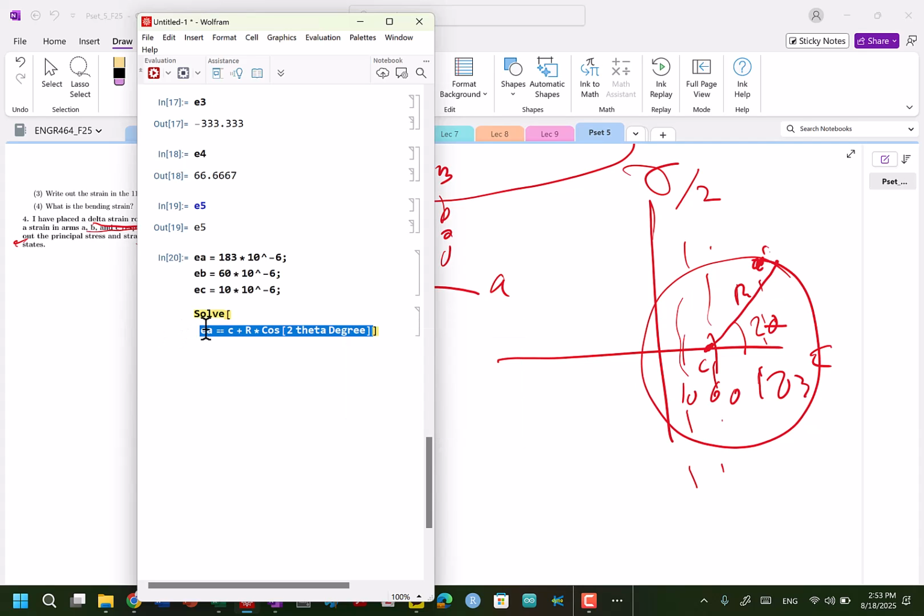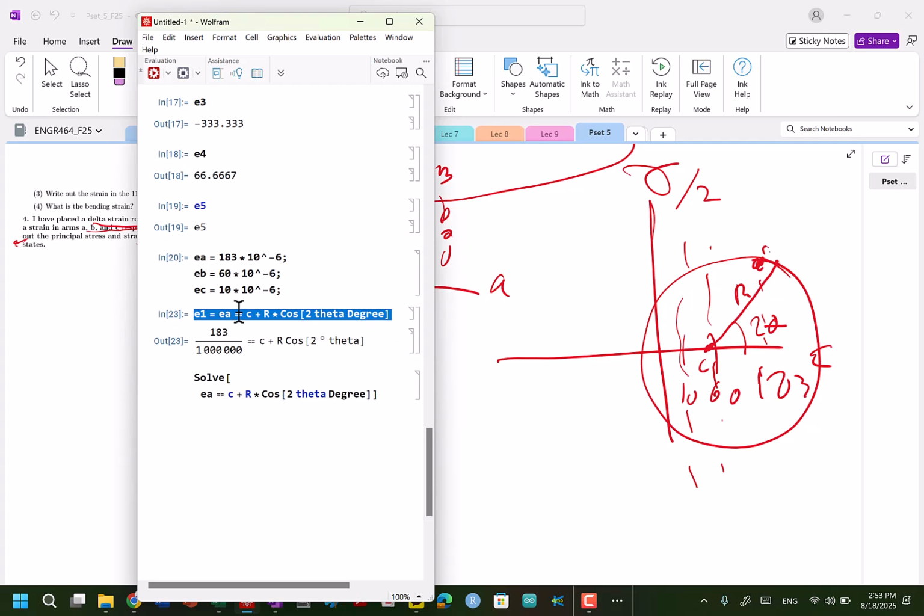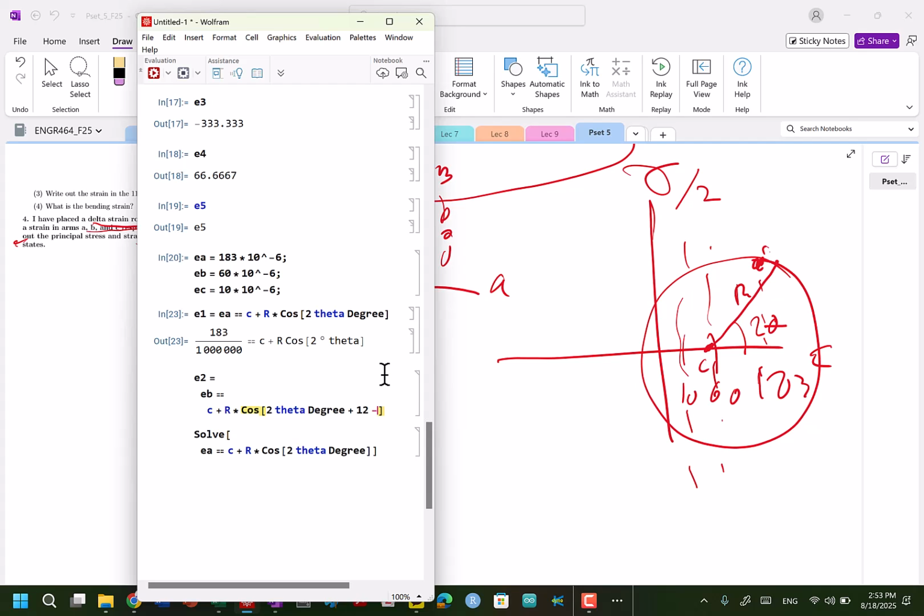Actually, we're going to set this as E1. E1 equals this. We're going to set that as 2, as B, and then we're going to do plus 120 degrees.